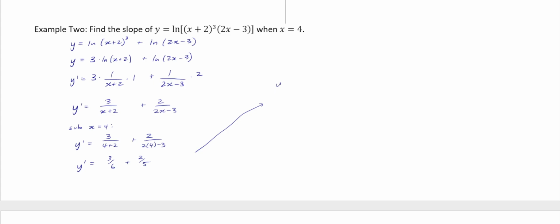Okay. Y prime is 1/2 plus 2 over 5. Y prime is equal to (5 + 4) all over 10, finding the common denominator. So y prime is equal to 9 over 10 when x is equal to 4.